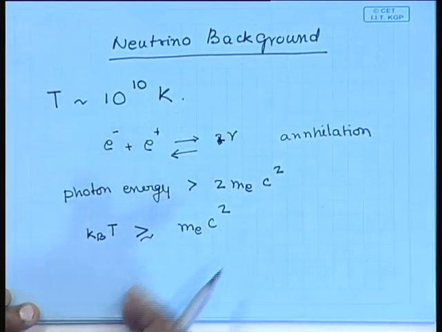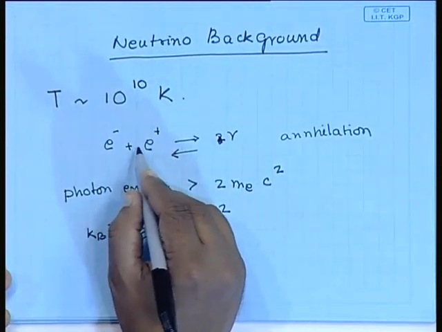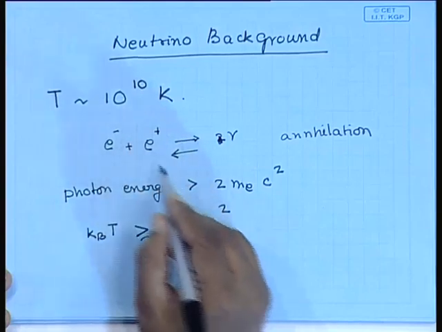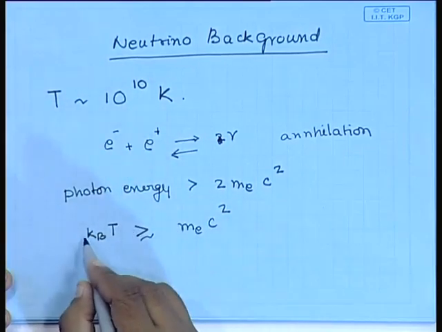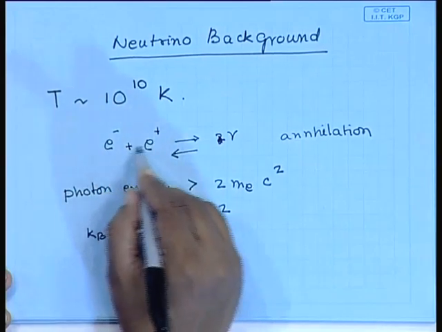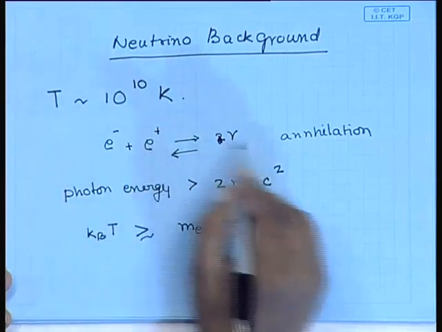If the temperature is much lower, then you will not be producing much electron and positron pairs. Even if you start off with electrons, positrons and photons in thermal equilibrium, and then you reduce the temperature below m_e c square, the reaction will proceed towards the right hand side, and all of them will annihilate.